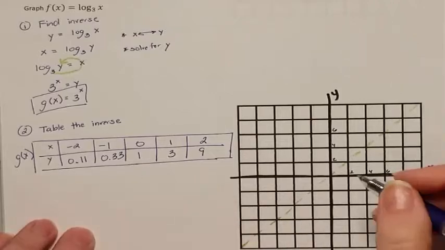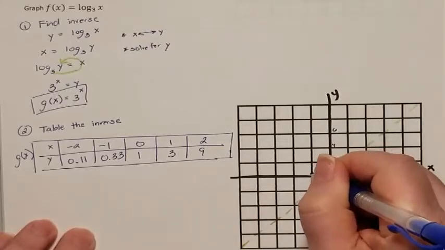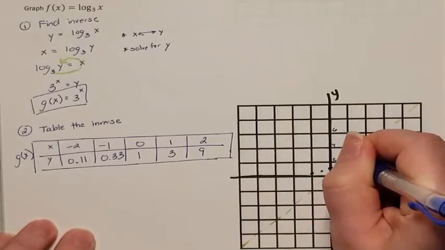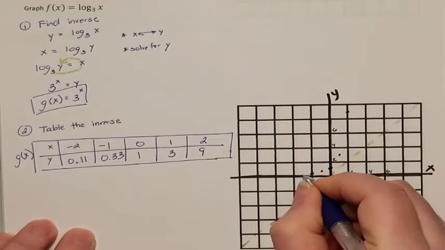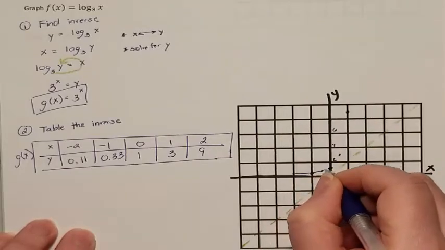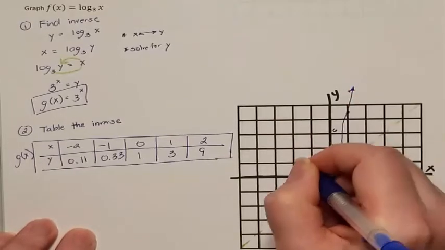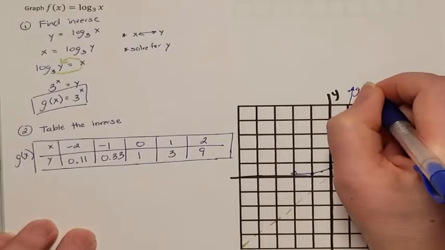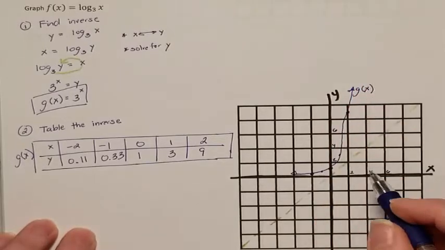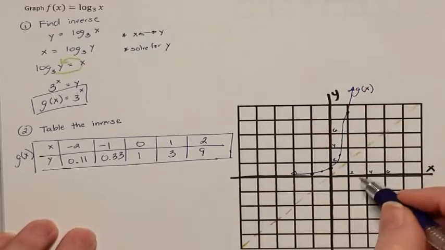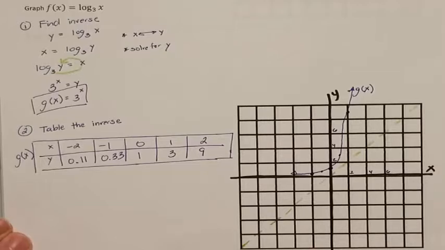So g of x, graphing these. So this is what my g of x function looks like. If that is g of x, then I hypothesize f of x is going to be over here. How do we find f of x?